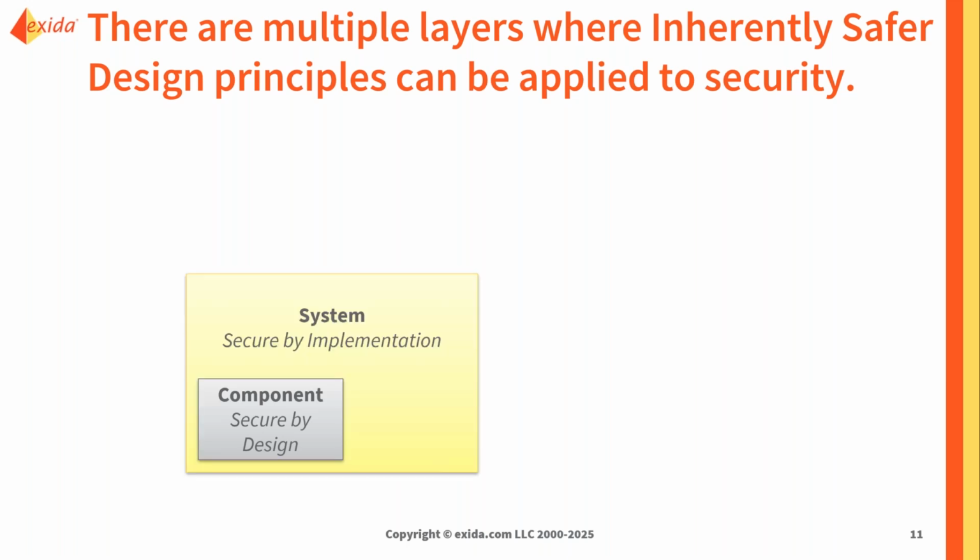At the system level, we could talk about secure by implementation or secure by integration. So when those components are put together into a system, there are configuration decisions to be made. There are choices about how the system is going to work. And there are opportunities to really limit the inherent risk of that system based on how it's implemented.